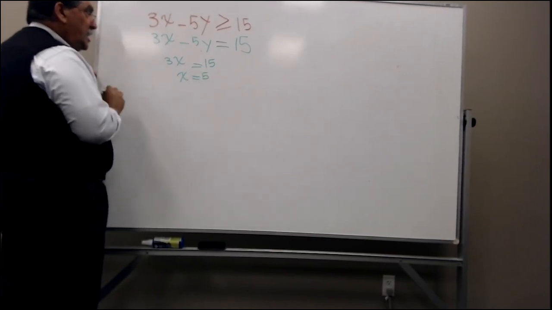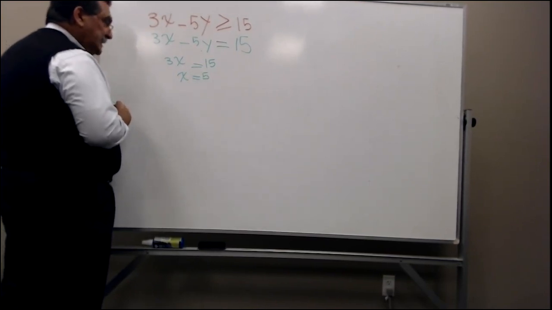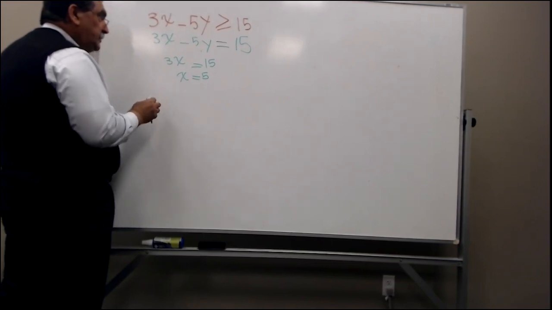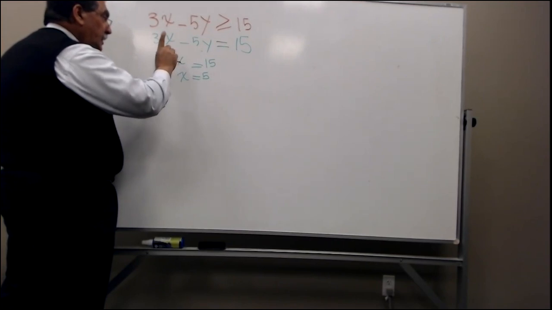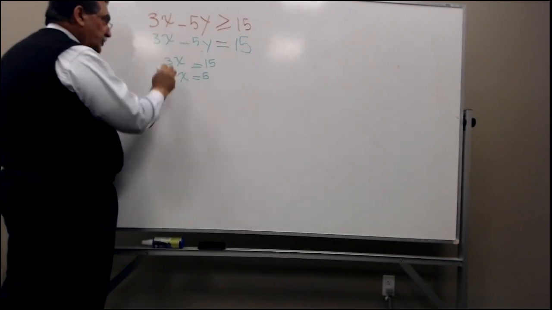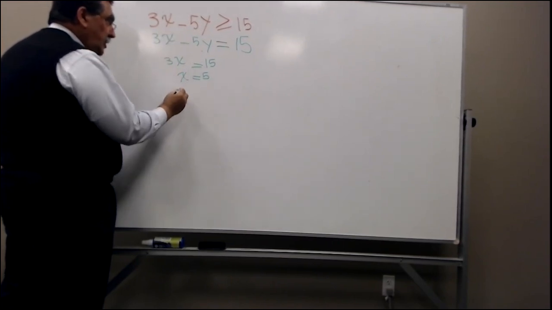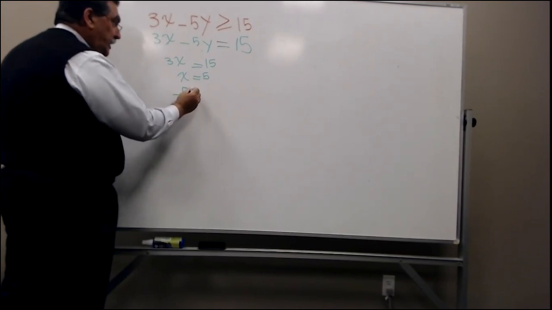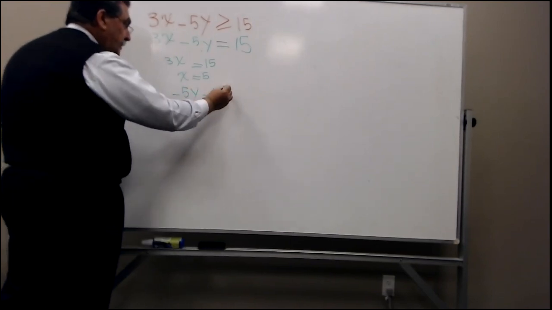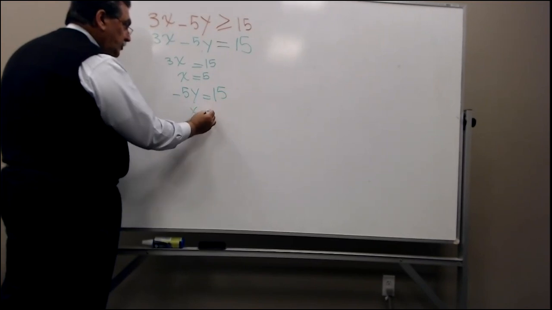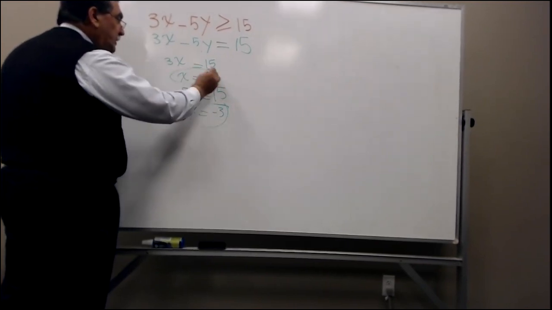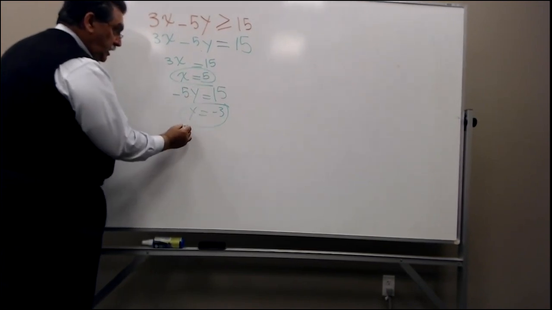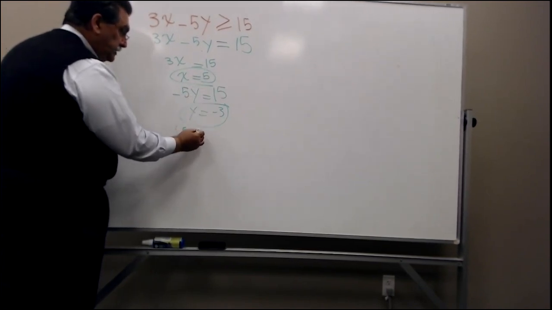Then let's find the y-intercept. X is 0. So I get minus 5y equal to 15. Y is equal to minus 3.